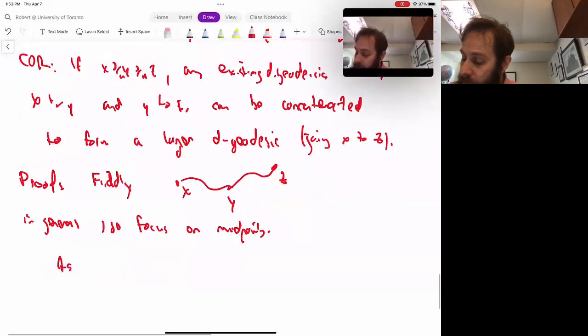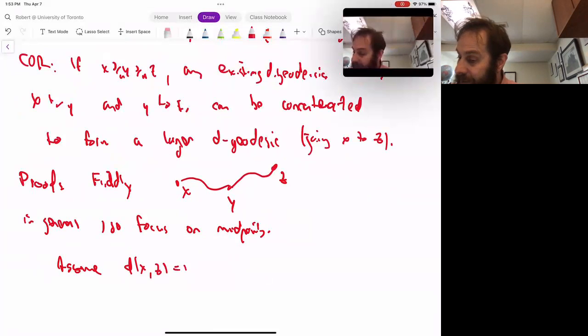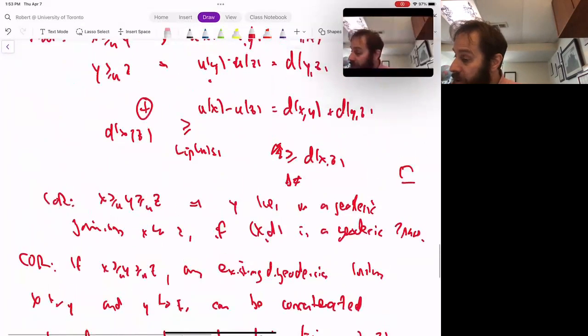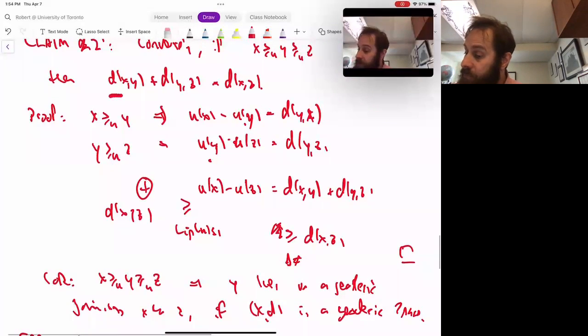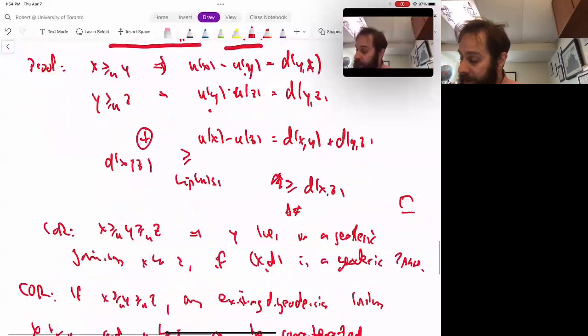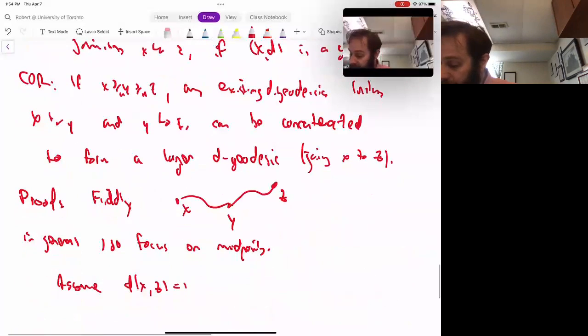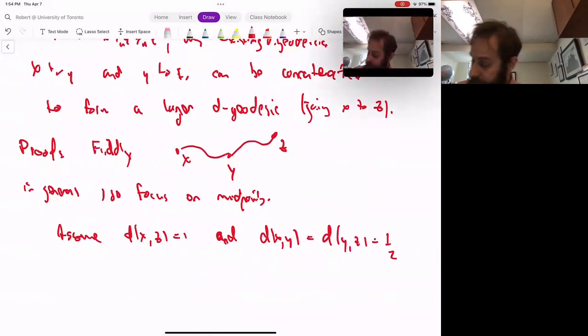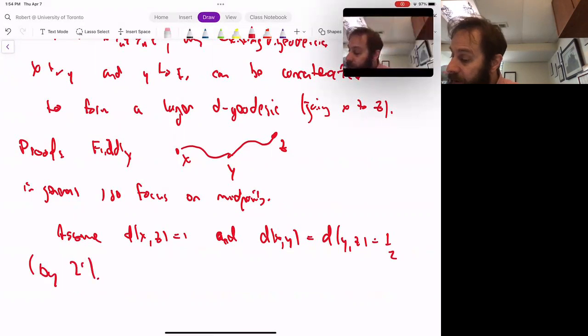So I'm going to assume, let's say I'll just normalize it so that the distance between x and z is 1. And I know by the previous corollary that the distance from x to y and y to z has to add up to 1. And so to focus on midpoints, I'll assume that the distance xy is equal to the distance yz, which is therefore equal to 1/2. And suppose I have further midpoints.